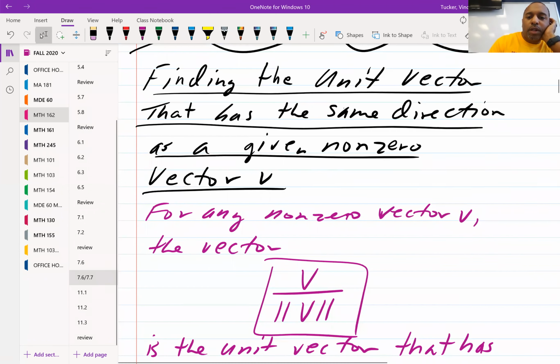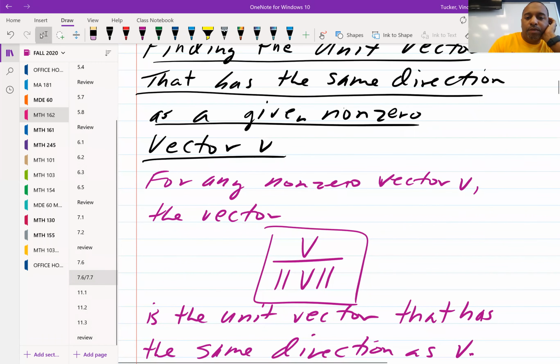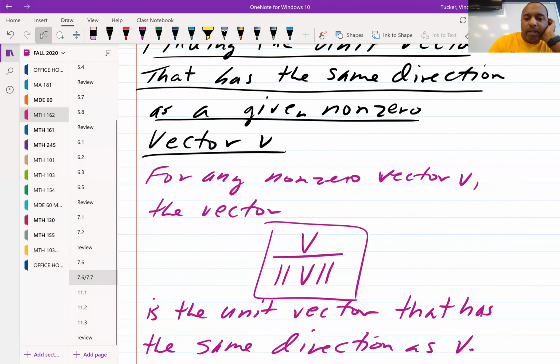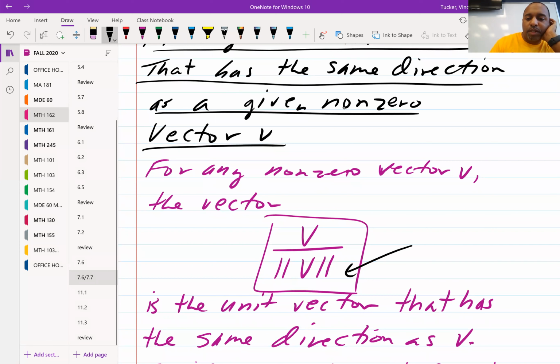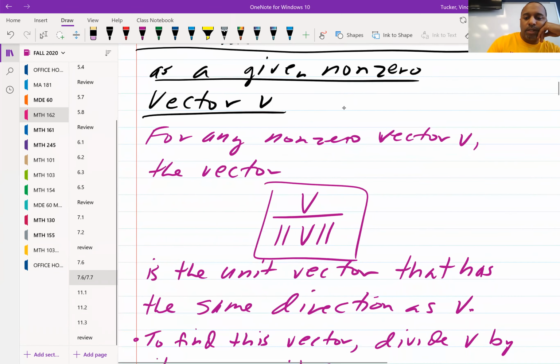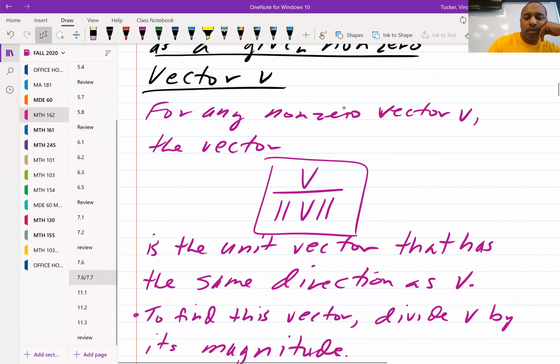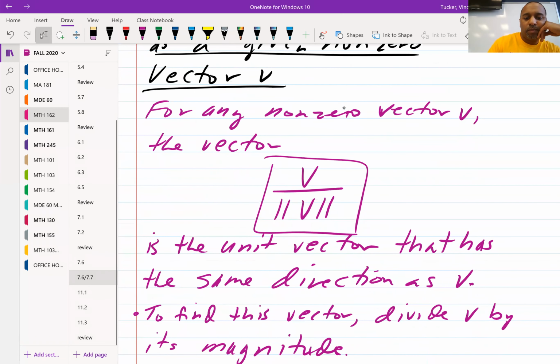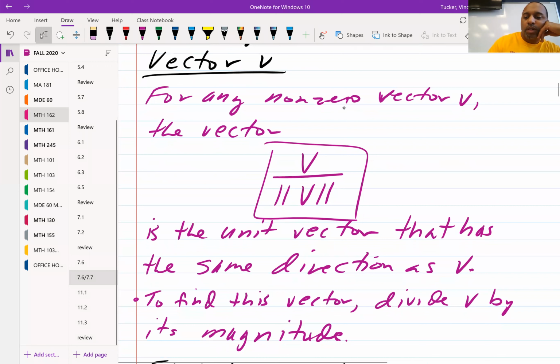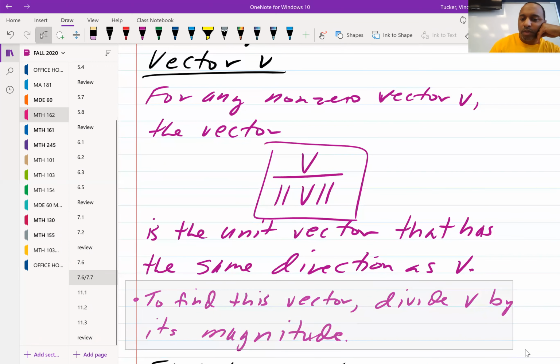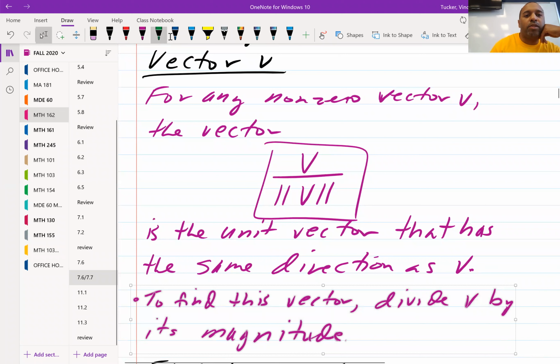For any non-zero vector v, the vector is v over the magnitude of v. Don't forget the magnitude of v is just one number. And so that's going to be a unit vector that has the same direction as v. This statement is just a reiteration of the symbolism you see: find the vector, this vector divided by its magnitude.